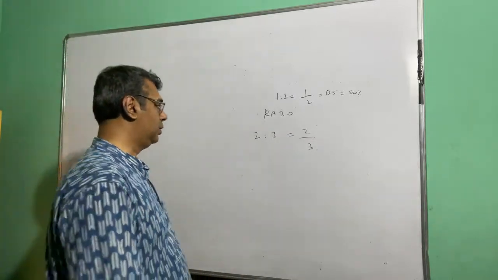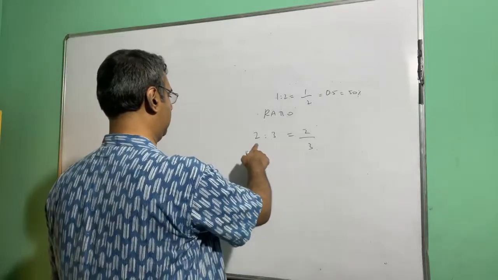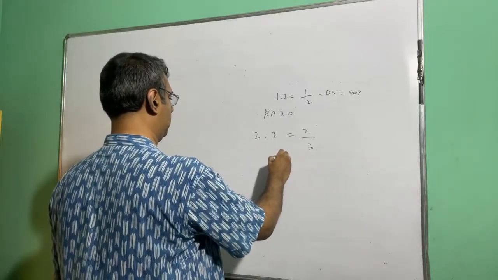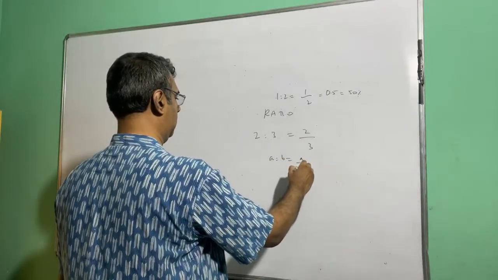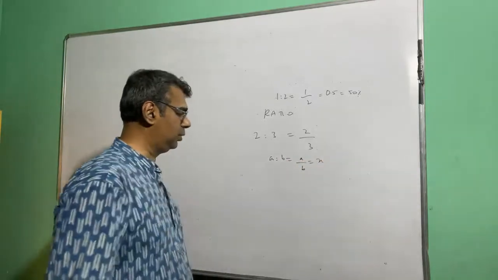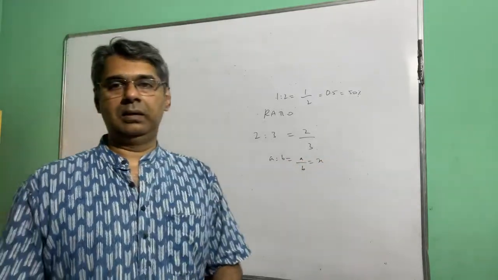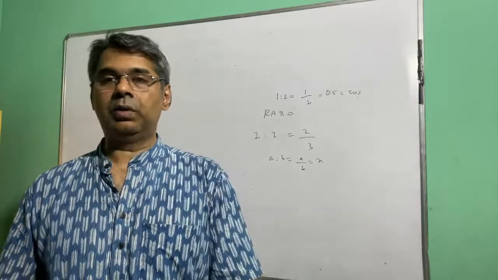Now in ratio, 2:3 is 2 by 3. Normally we take the ratio as x, and then we do some calculation depending on the sum.